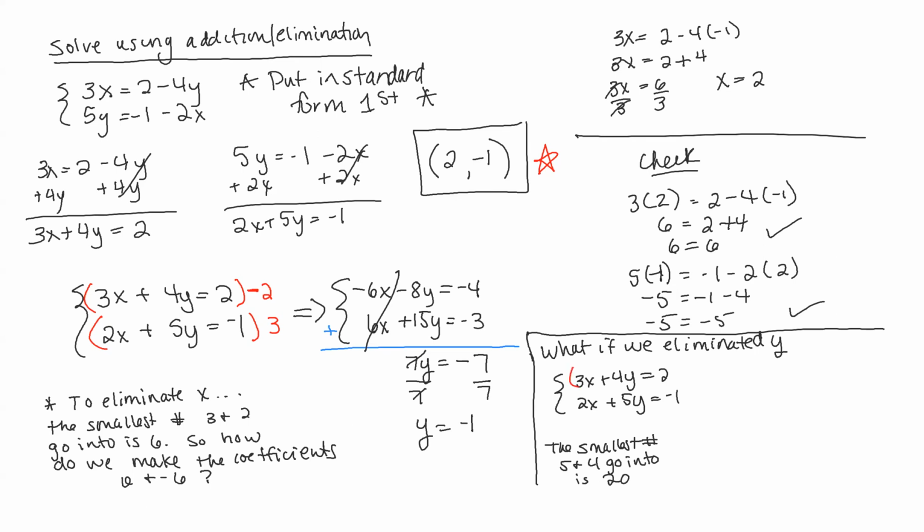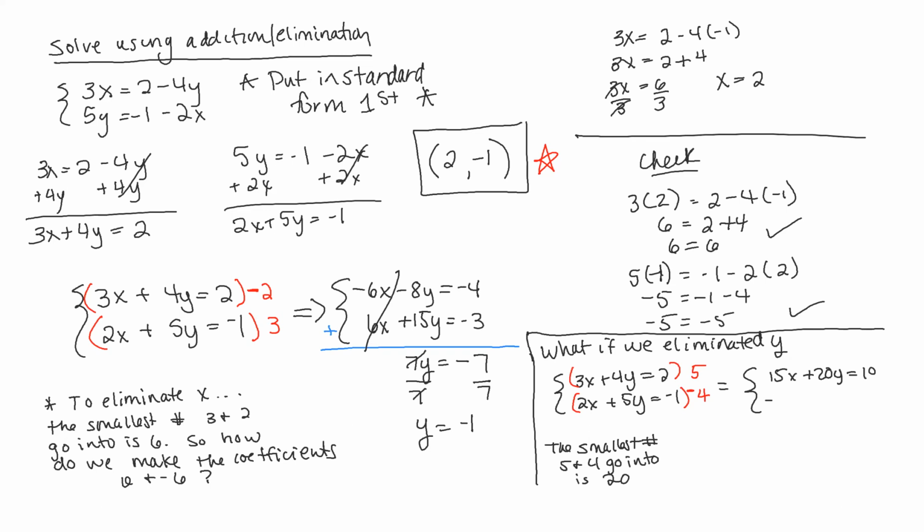So for the first equation, we would start by multiplying by 5 because 5 times 4y is 20. Second equation, we would start by multiplying by 4 because 4 times 5 is 20. But one of these has to be a negative. So let's say we chose the second one to be the negative. So when you multiply the first equation by 5, and the second equation by negative 4, we get 15x plus 20y equals 10.